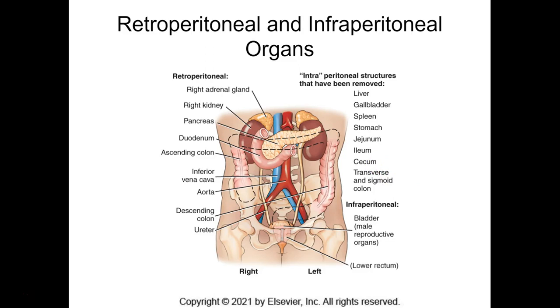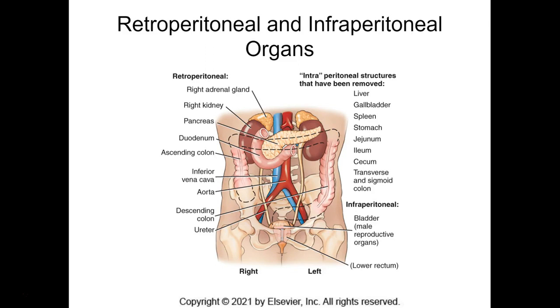I did want to point out one significant difference that exists between male and female peritoneal structures. The lower aspect of the peritoneum in men is closed. It's a closed sac or membrane. But in females, the peritoneal sac is open to allow for the uterus, fallopian tubes, and ovaries to pass up into the peritoneal cavity.